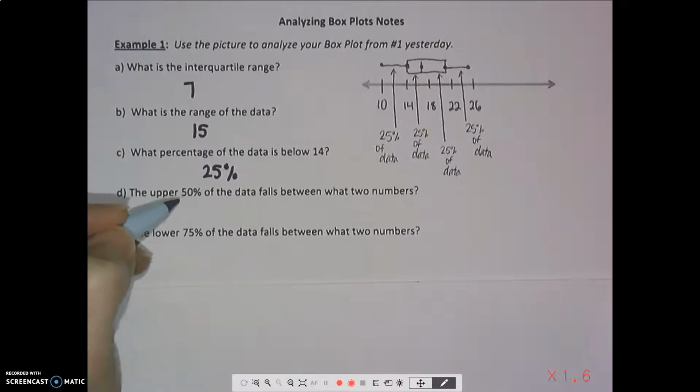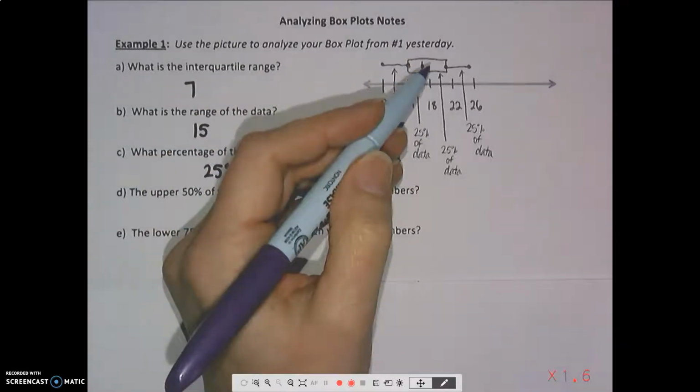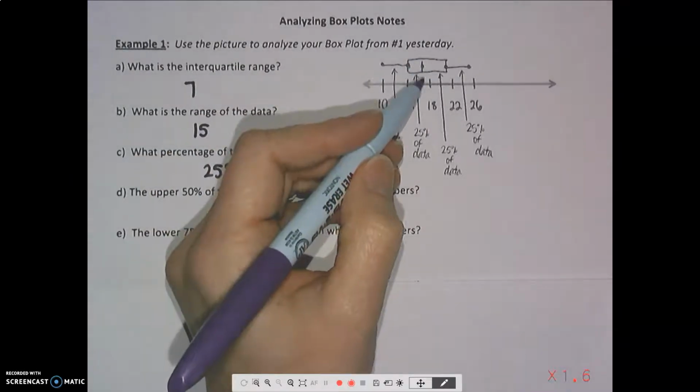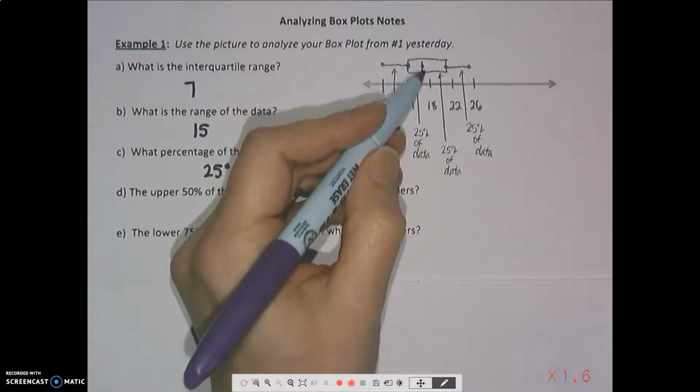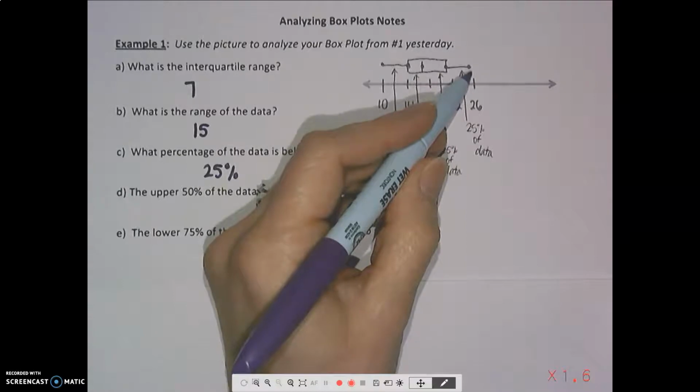Okay? The upper 50% of the data falls between what two numbers? So 50% is two 25%. That means we need the upper two chunks of data. That means that we're starting from the median and going up to the maximum.